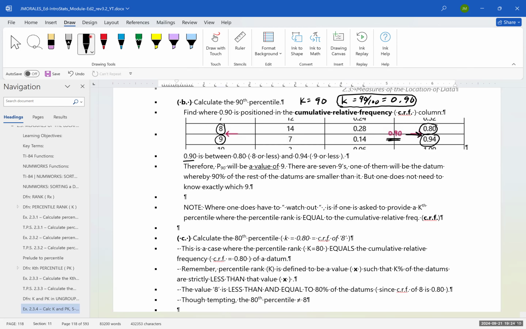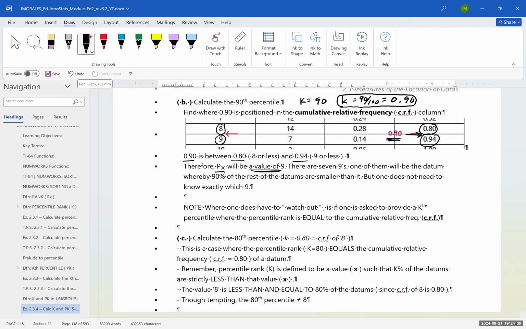So 0.90 is between 0.8 and 0.94. Therefore, the 90th percentile will have to be a value of 9. There are 7 nines. One of them will be the datum whereby 90% of the rest of the datums are smaller than it, but one does not need to know exactly which 9.